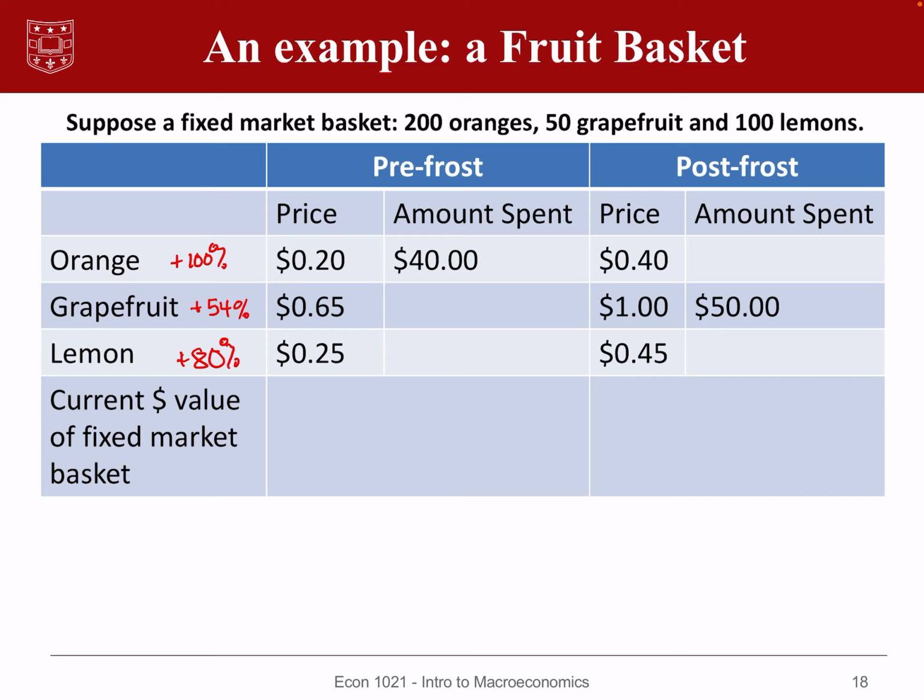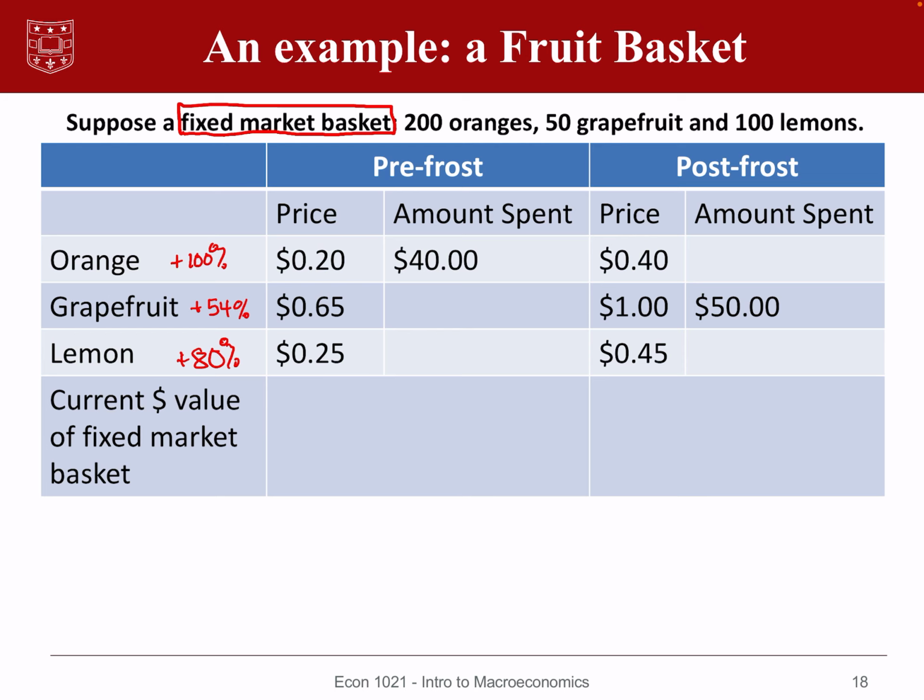And in fact, we will see that. So we're going to suppose, again, for the consumer price index, we have a fixed market basket of goods and services. And this fixed market basket is going to be comprised in our example of 200 oranges, 50 grapefruit, and 100 lemons. And so in order to figure out the rate of inflation, what we first of all have to do is figure out how much is spent.